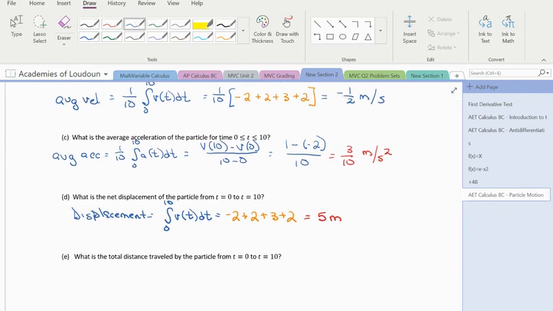The total distance is the integral from 0 to 10 of the absolute value of the velocity, which will then equal positive 2 plus 2 plus 3 plus 2, which gives me then 9 meters.